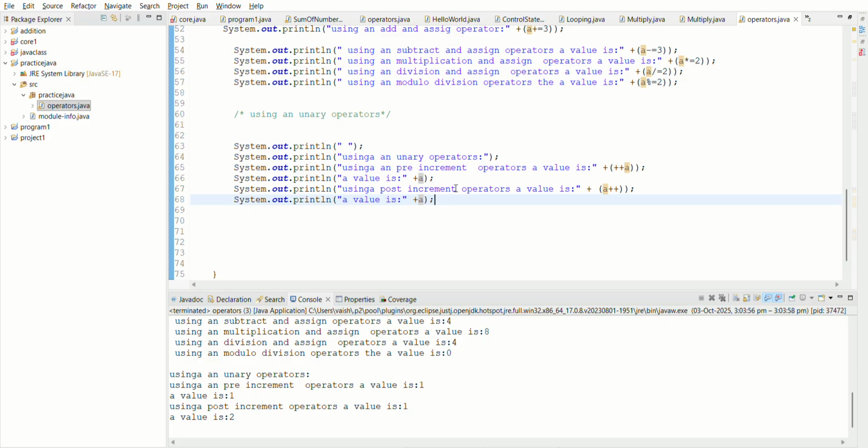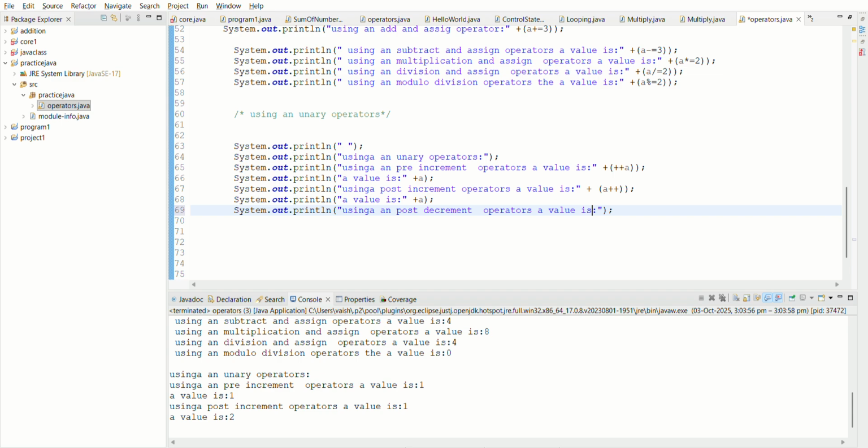In the same way, decrement: pre-decrement and post-decrement. So decrement means minus operator. So first we write pre-decrement.